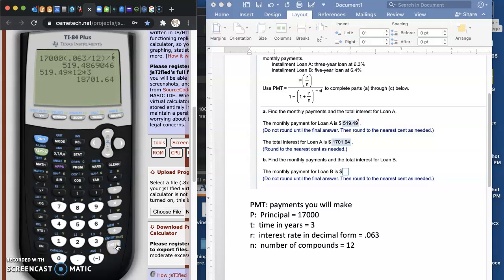So the total amount we paid in payments is $18,701.64.